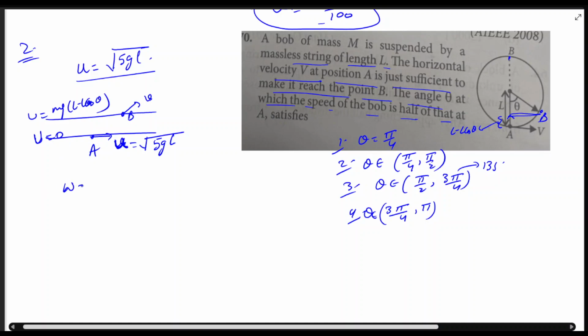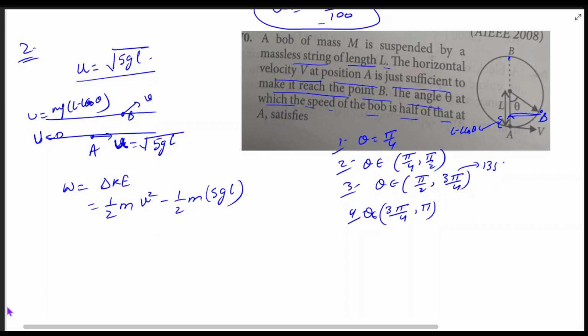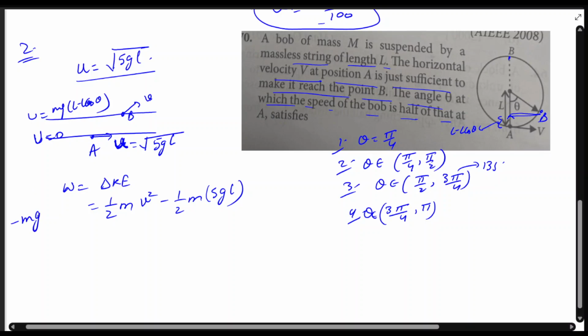So we have work done equals change in kinetic energy. It will be half m v square minus half m u square, where u square is 5gL, which equals the work done. This is final minus initial, so it will be minus mg(L minus L cos theta).